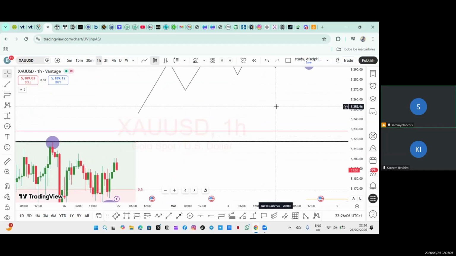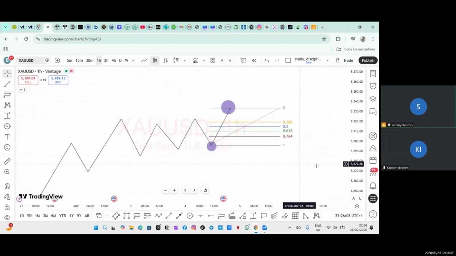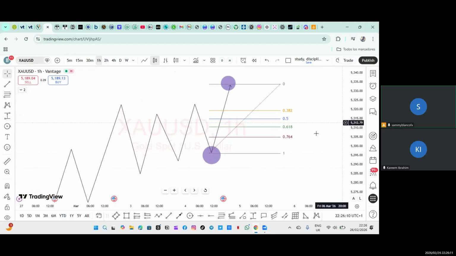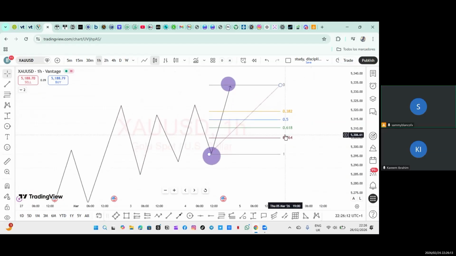So in this Fibonacci, if you want to take your trade, it depends on which wave, because this thing works with wave pattern. Remember we talked about the wave principle. So this also works with wave pattern.